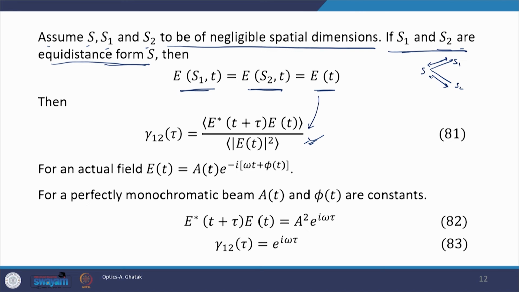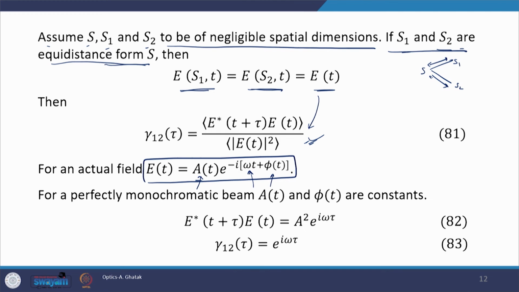But actually the field is represented by E(t) equal to A(t) e to the power i(omega t plus phi(t)), where A(t) is the amplitude and phi(t) is the phase, which are slowly varying functions of time, and the rapidly varying function of time is in the phase part, omega t.